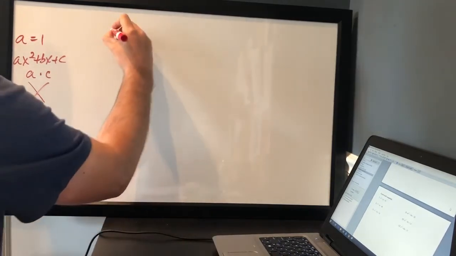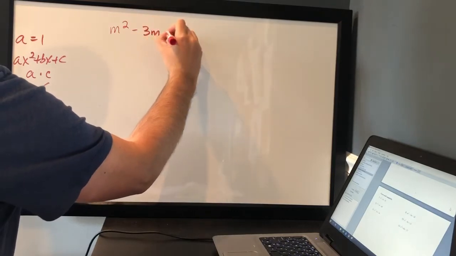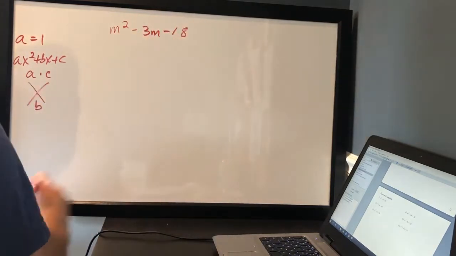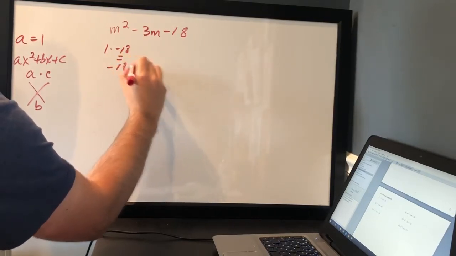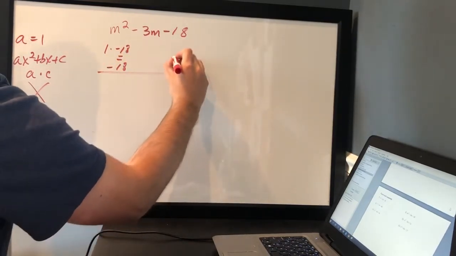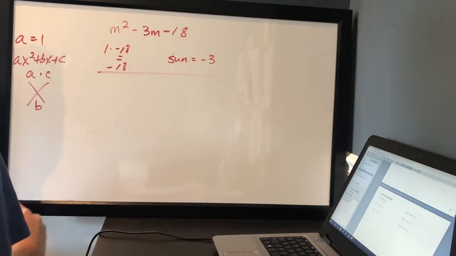The next one is m squared minus 3m minus 18. We're looking for the factors of 1 times negative 18, which is negative 18, and we want them to add up to negative 3.